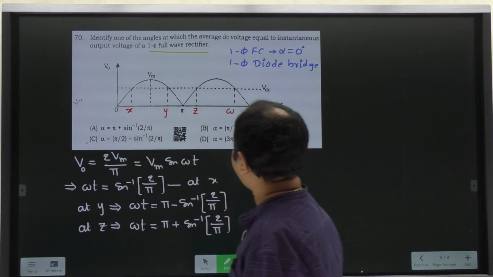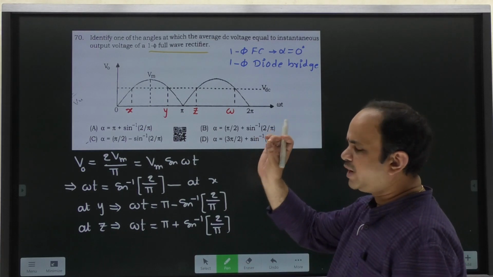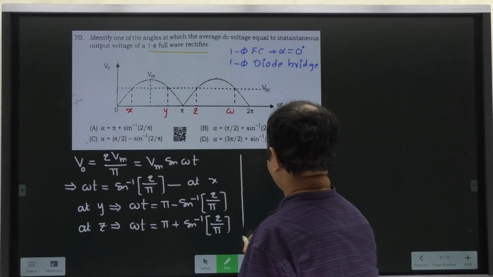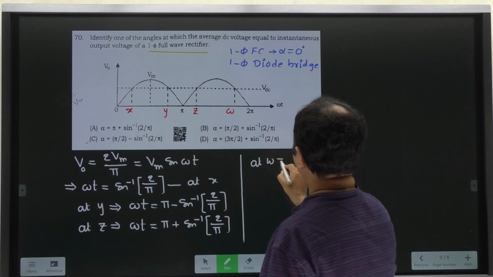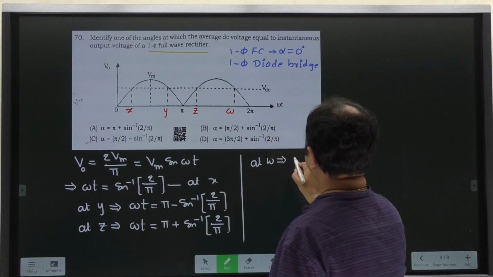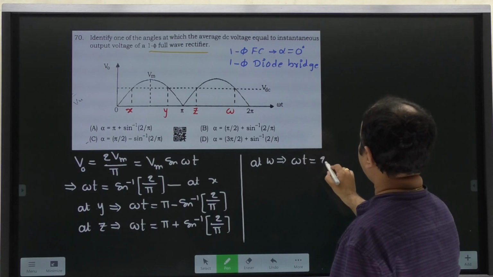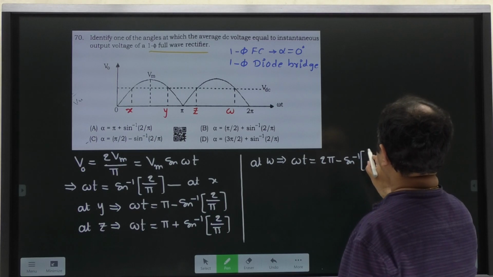Whatever alpha is given in the options, don't confuse, that is not the firing angle. That is one angle, some symbol alpha is used. Next, at point W, what is the angle? Omega t is equal to 2 pi minus sin inverse 2 by pi.